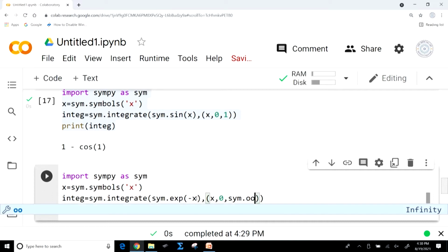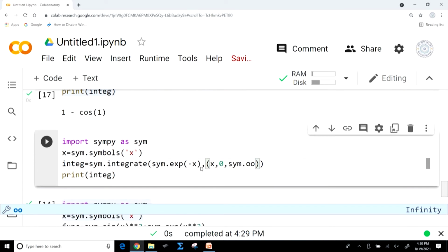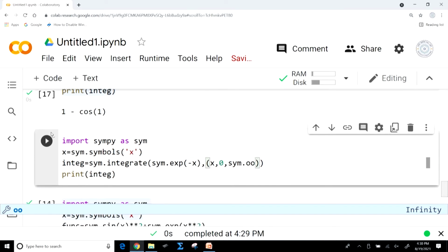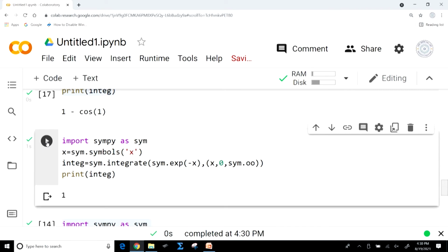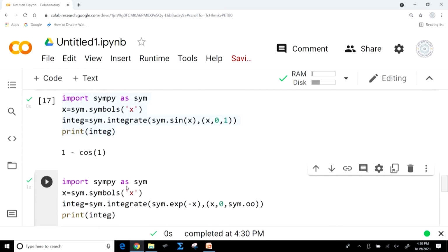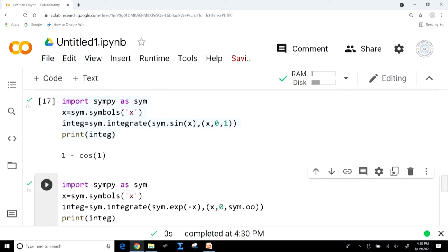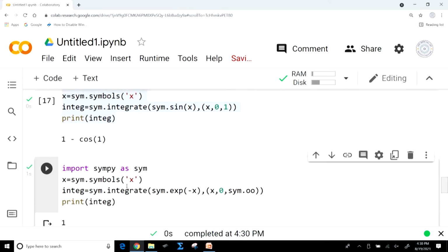Simp dot double o is the notation for infinity here. So, if you integrate e raised to minus x from 0 to infinity, what is the answer? The answer is 1. You can check also. In this way you can find definite integral also. So, by this Python you can directly obtain indefinite integral, as I have already told you, and definite integral also by assigning lower and upper limit of the function which we have defined.